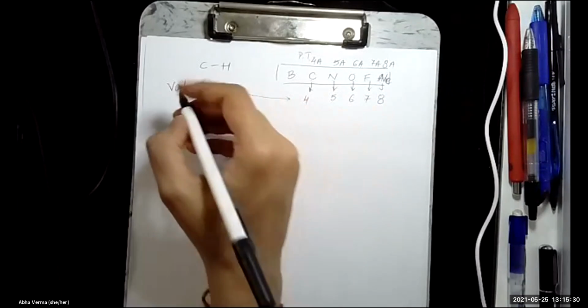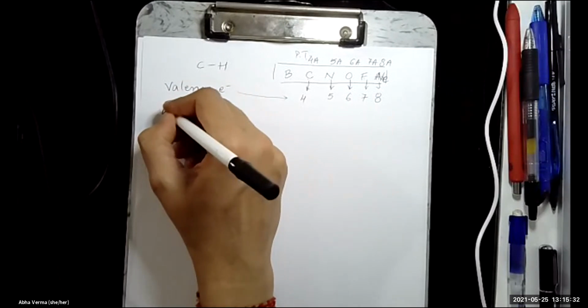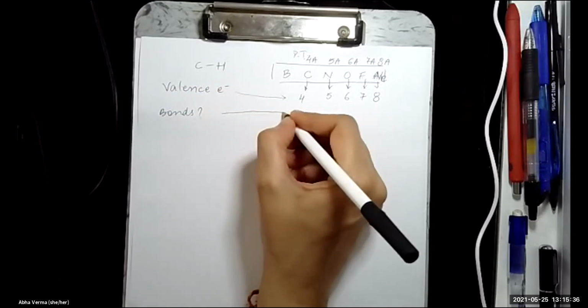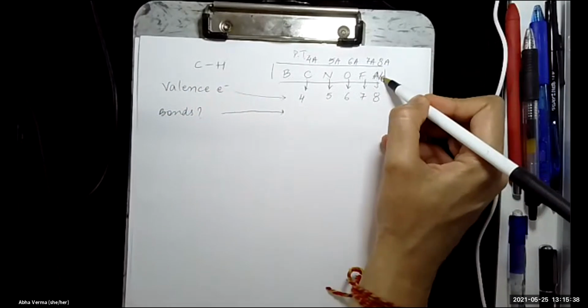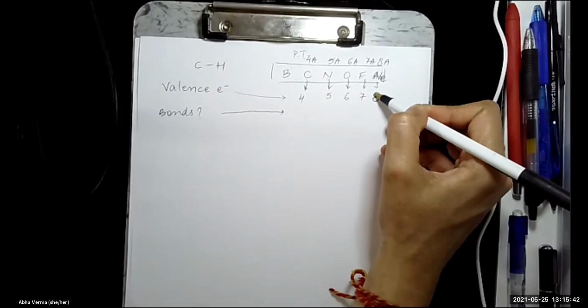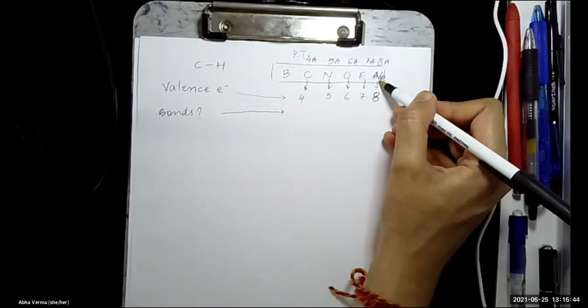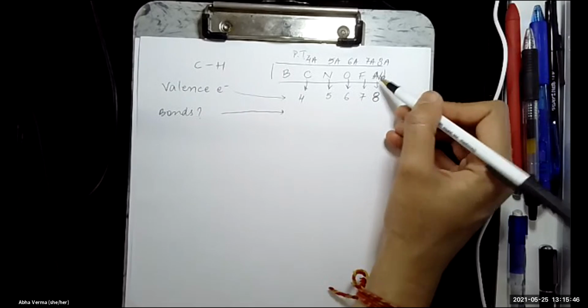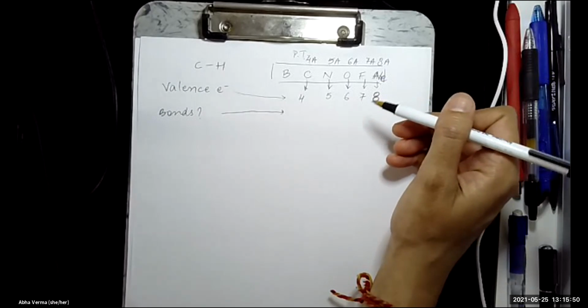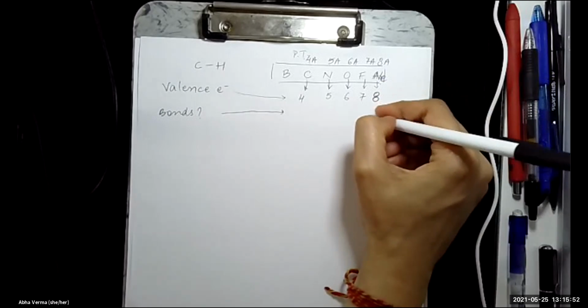What is the next piece of information? How many bonds this atom can have. Let's start from neon. It has 8 valence electrons. Its octet is complete. How many more atoms can this neon bond with? Nothing. 0.